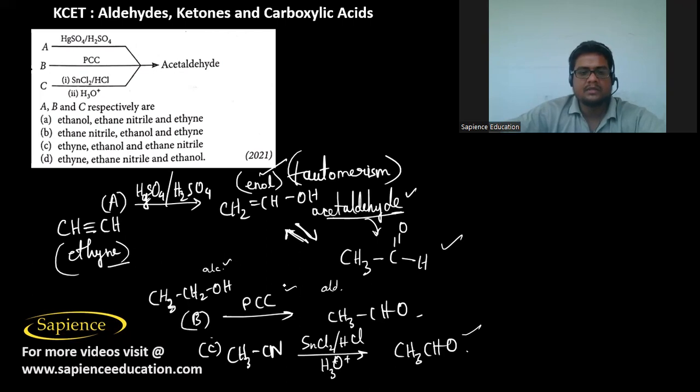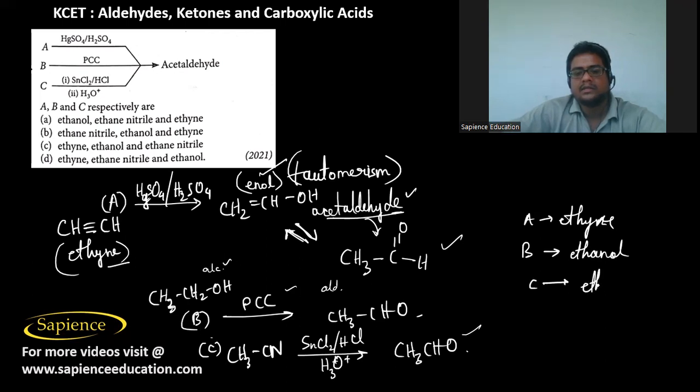So it means the compound A should be ethyne, the compound B should be ethanol, and the compound C should be ethane nitrile. It means that option C is the correct answer.